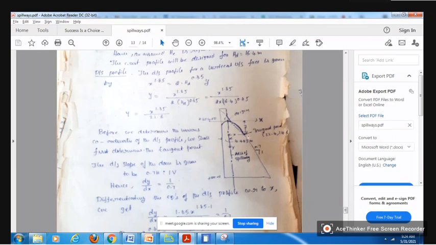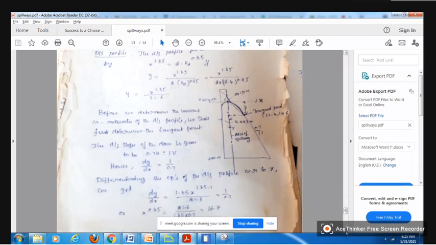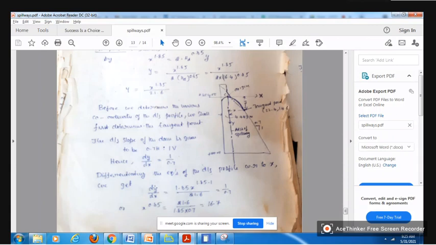So what is the downstream profile? dy by dx is equal to 1 by 0.7, since vertical is 1 and horizontal is 0.7. Now you can differentiate this equation.